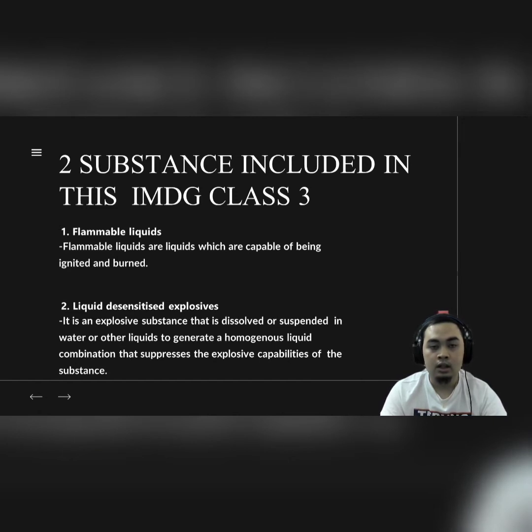The second one is liquid desensitized explosive. It is an explosive substance that is dissolved or suspended in water or other liquid to generate a homogeneous liquid combination that suppresses the explosive capabilities of the substance.